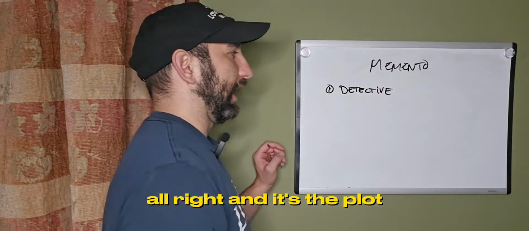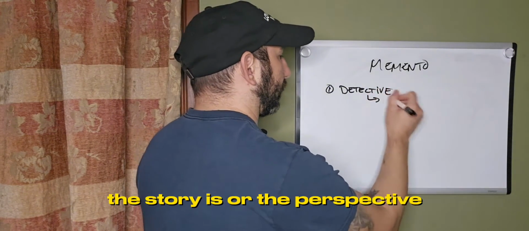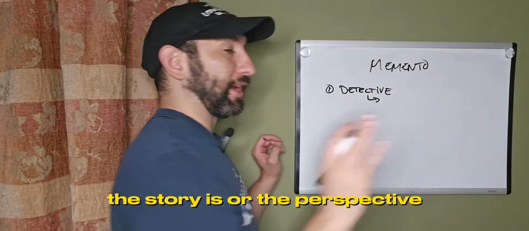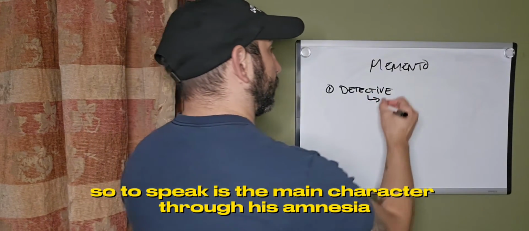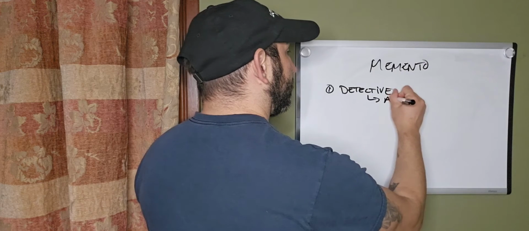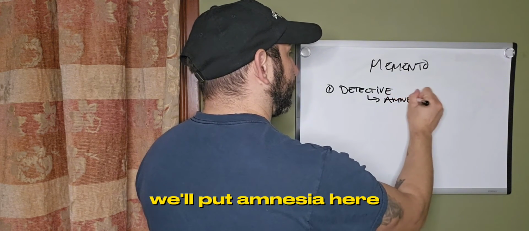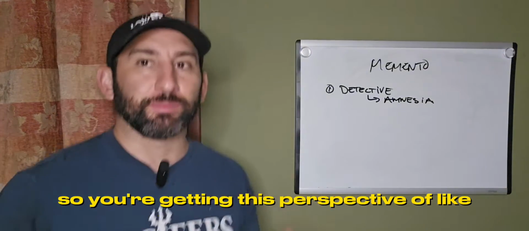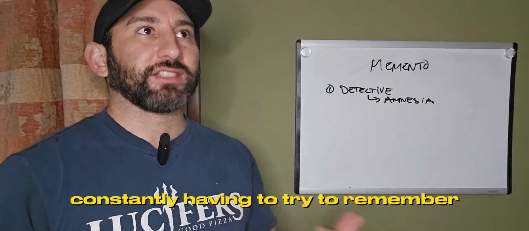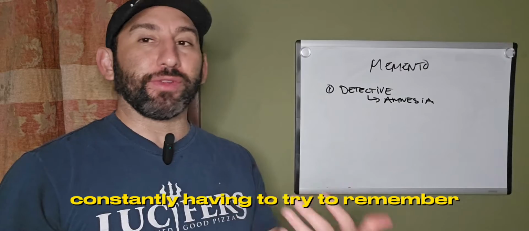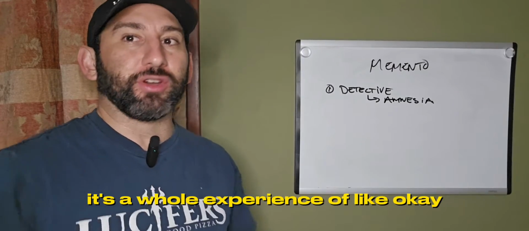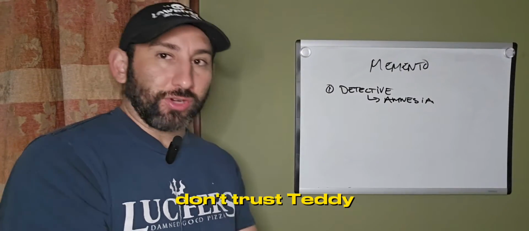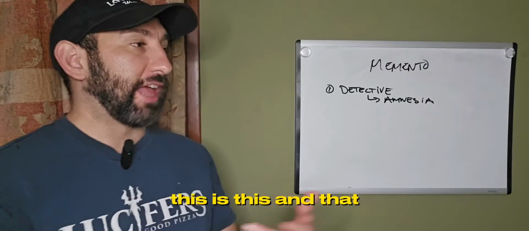All right. And the plot, the story, or the perspective, so to speak, is the main character through his amnesia. We'll put amnesia here. So you're getting this perspective of constantly having to try to remember and figure things out with him. It's a whole experience of, okay, don't trust Teddy, don't do this and that, meeting people.